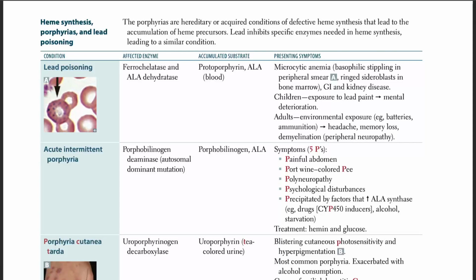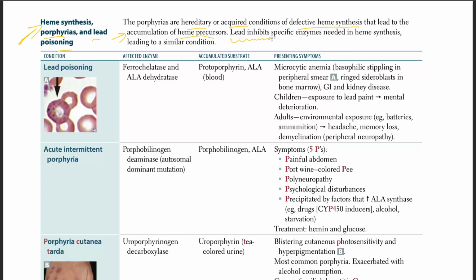Now let's talk about heme synthesis, porphyrias, and lead poisoning. The porphyrias are hereditary or acquired conditions of defective heme synthesis that lead to the accumulation of heme precursors.